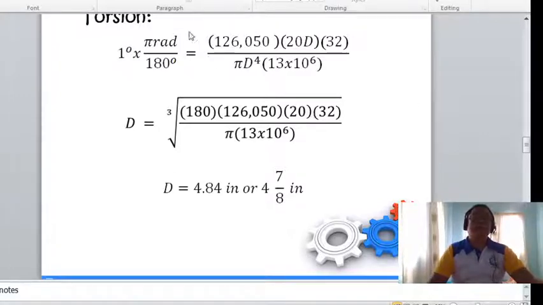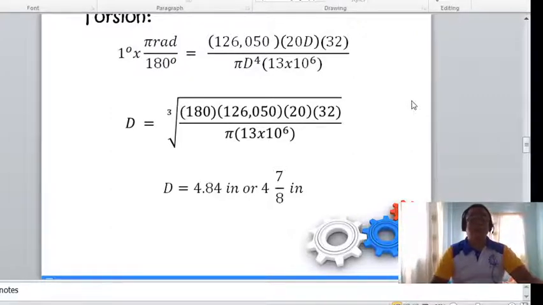That is from the formula for J, the polar moment of inertia, pi d to the fourth over 32. It is then over pi d to the fourth multiplied by 13 times 10 raised to 6, which is the modulus of rigidity of the material.